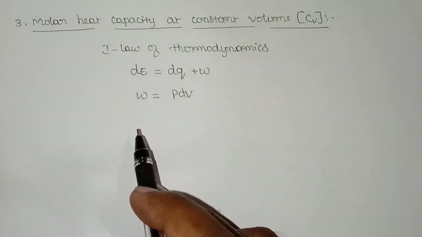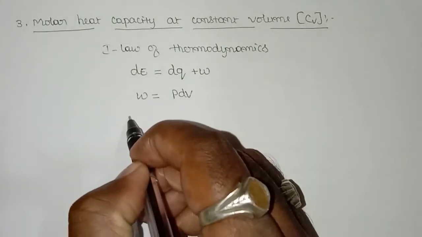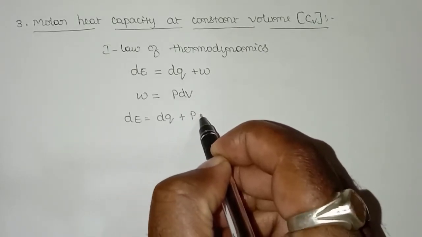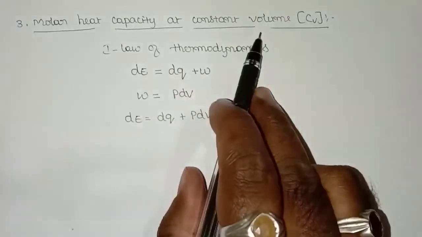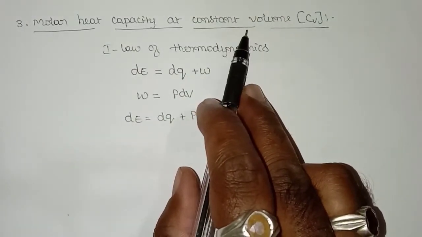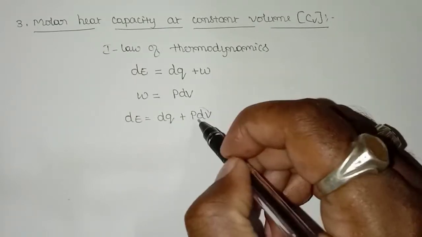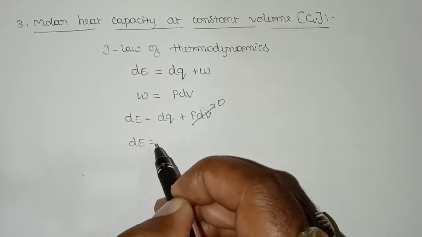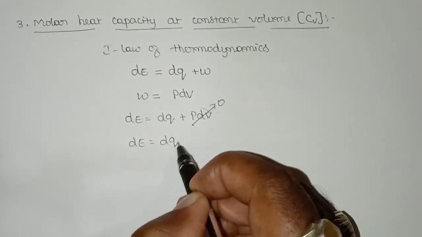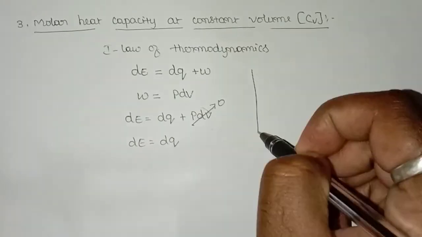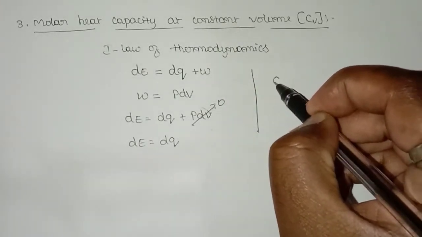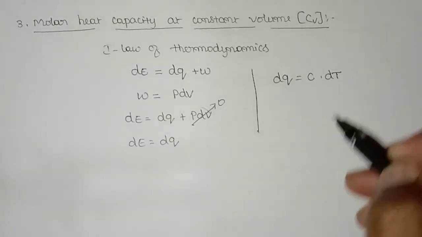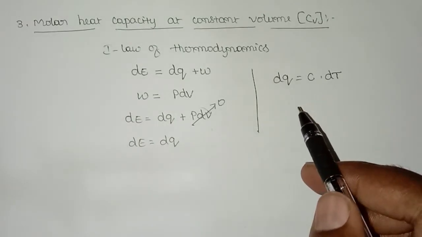So by introducing this term in the above equation, the equation will become dE is equal to dQ plus P into dV. But since we are deriving this expression by keeping the volume constant, this whole term turns to 0. So the remaining thing will be dE is equal to dq. But from the concept of heat capacity, we know that dq is equal to C into dT. This is for molar heat capacity, provided 1 mole of a substance has been taken.